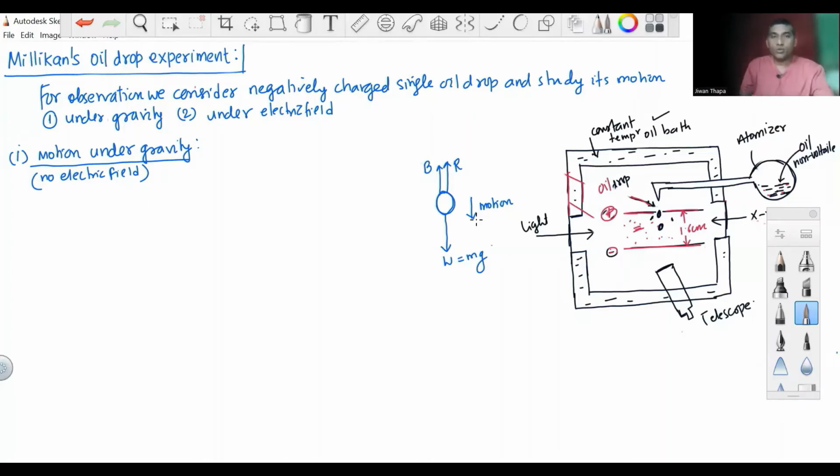So these are the forces acting on an oil drop falling freely under the influence of gravity.